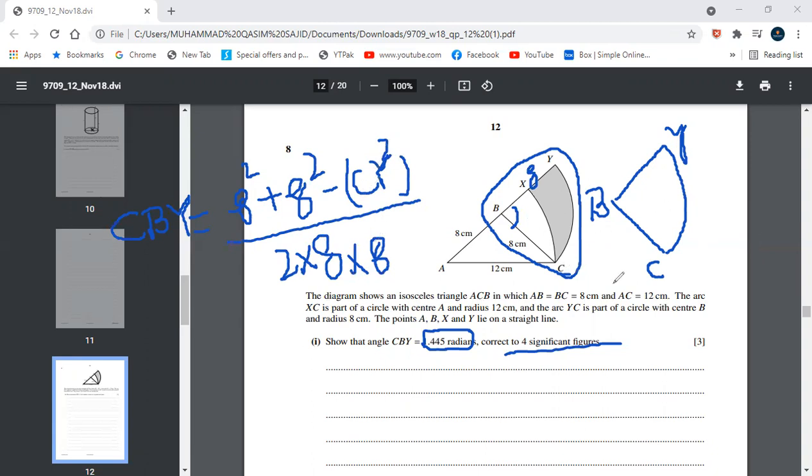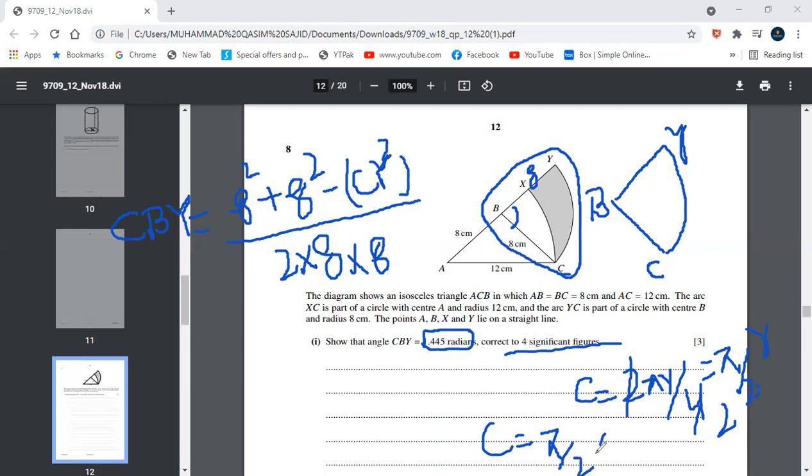So what is the value of CY? CY is the circumference. How to find the circumference? Circumference of a circle equals 2 pi r. But this is the quarter, so it is divided by 4. So it must be pi upon 2 into r, where the radius equals 8.